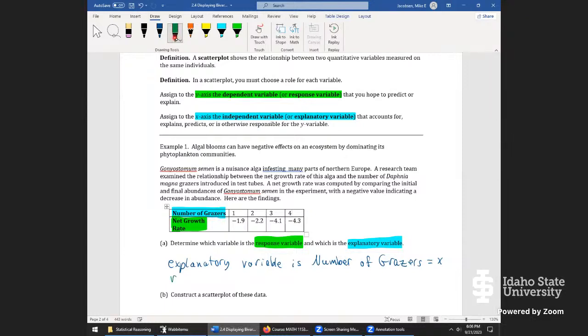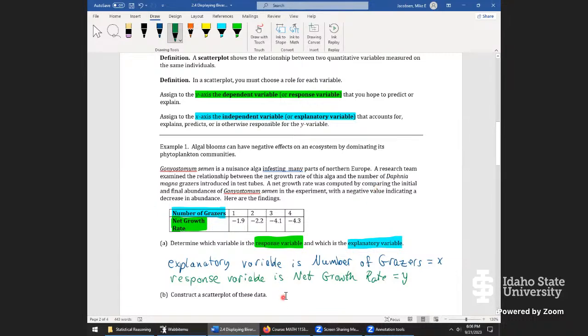So let's say response variable is net growth rate. So we've got it, folks. If we know what the explanatory is and what the response is, then we'll call response Y and the explanatory variable X. That tells us now where our axis is going to look like.